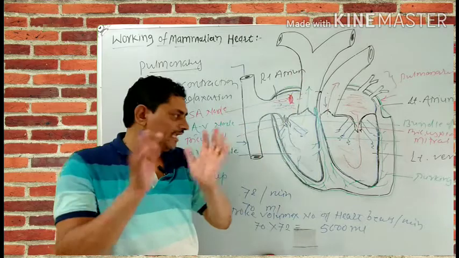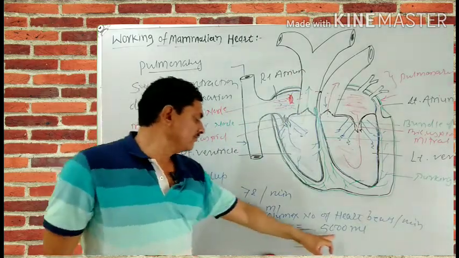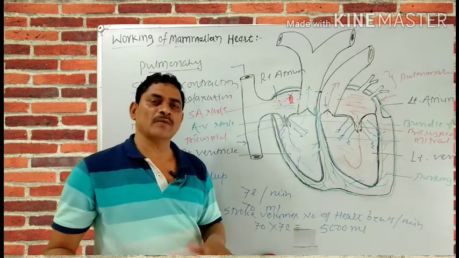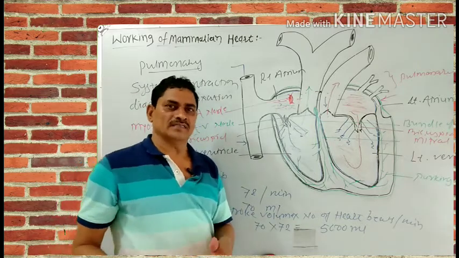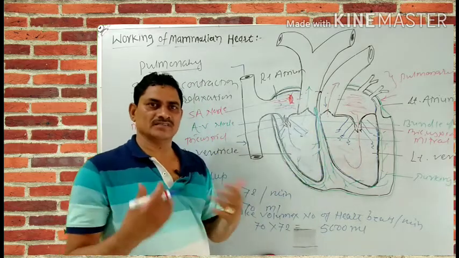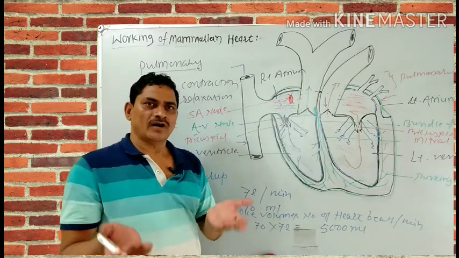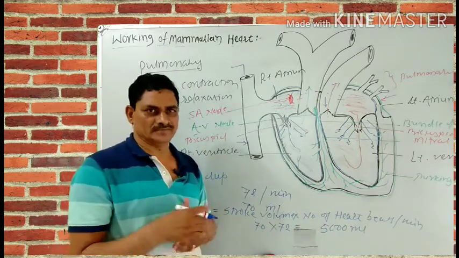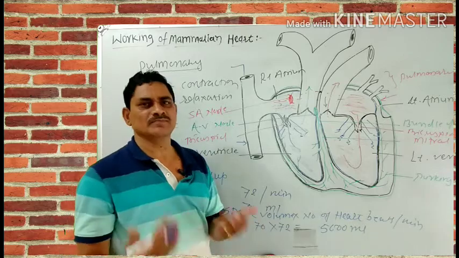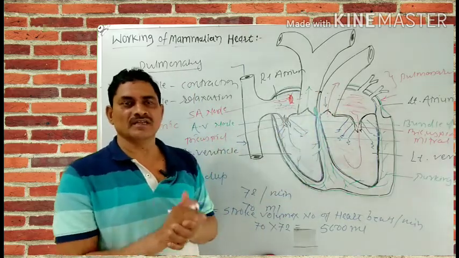So in 1 minute approximately the whole blood passes through this heart chamber. In our body there is approximately 5 liters of blood, and all this blood may be circulated through this chamber in 1 minute.